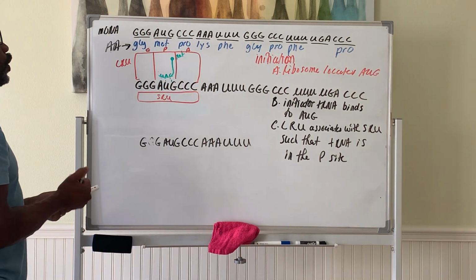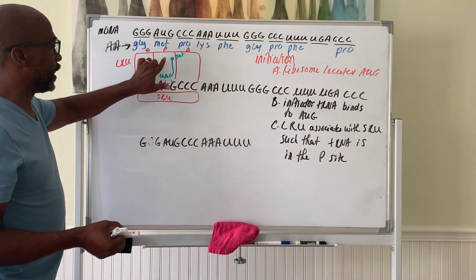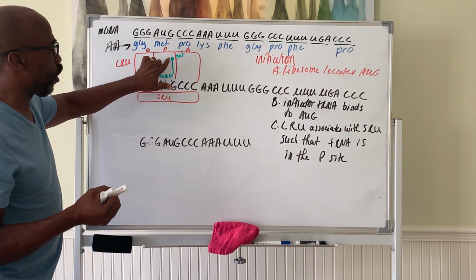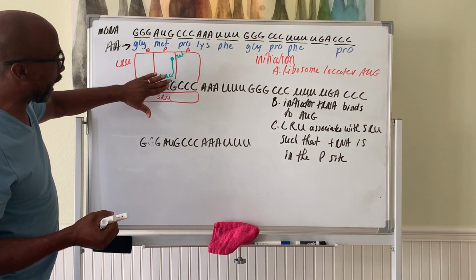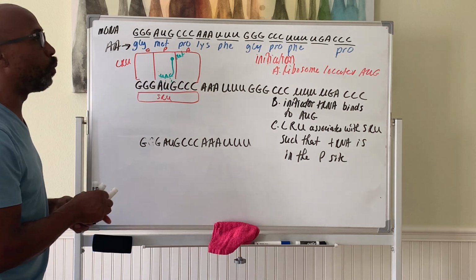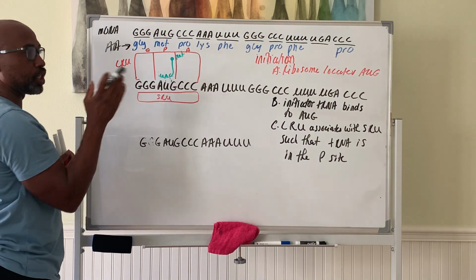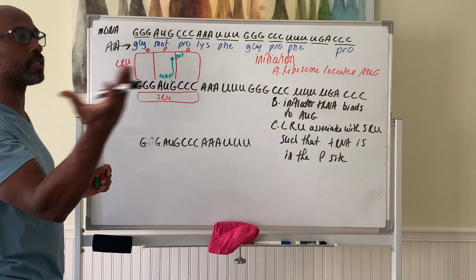So first, the SRU finds AUG. Second, the initiator tRNA comes in, binds to the AUG, and brings along its amino acid. Remember, tRNAs' job is to bind to amino acids and transport them around the cell.